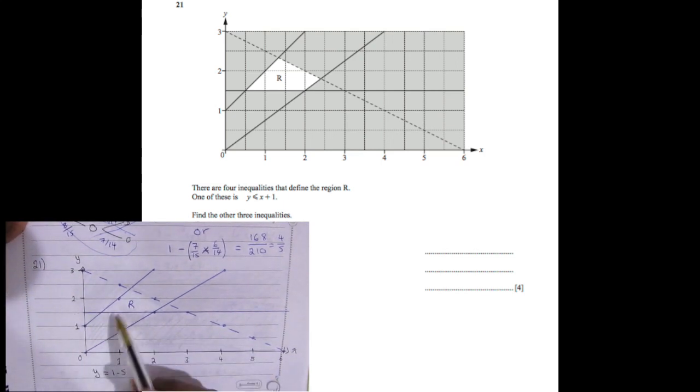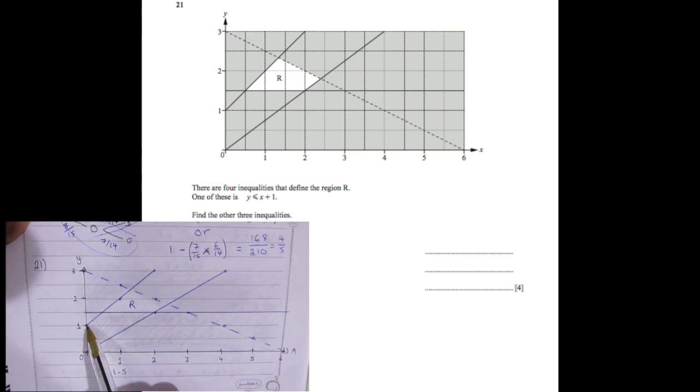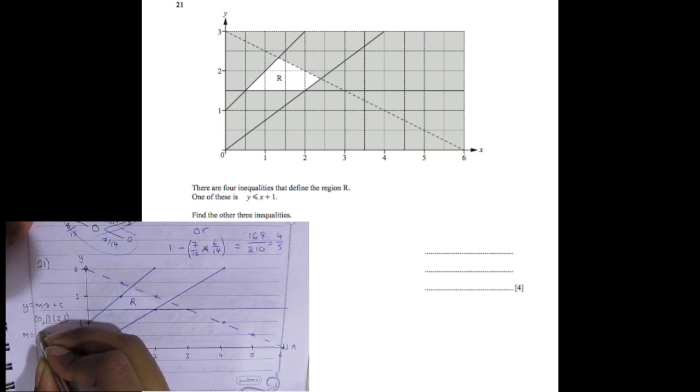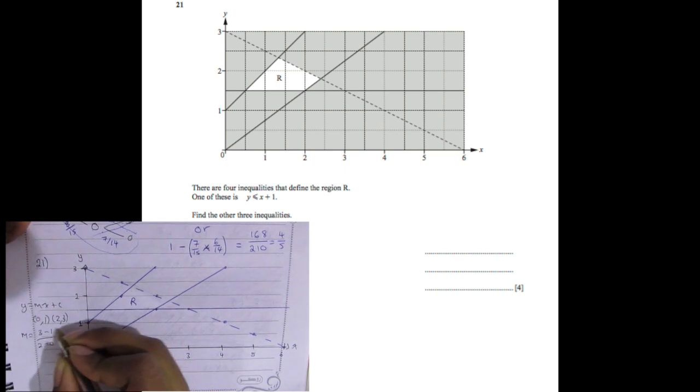We're going to find the equations first, and then change them into inequalities. So for the next one, I'm going to use the first line at the top. You find the points, 0, 1 and 2, 3, and use those to find the equation. So y is equal to mx plus c. Find m, which I mentioned many times before: 3 minus 1 over 2 minus 0, so y over x.